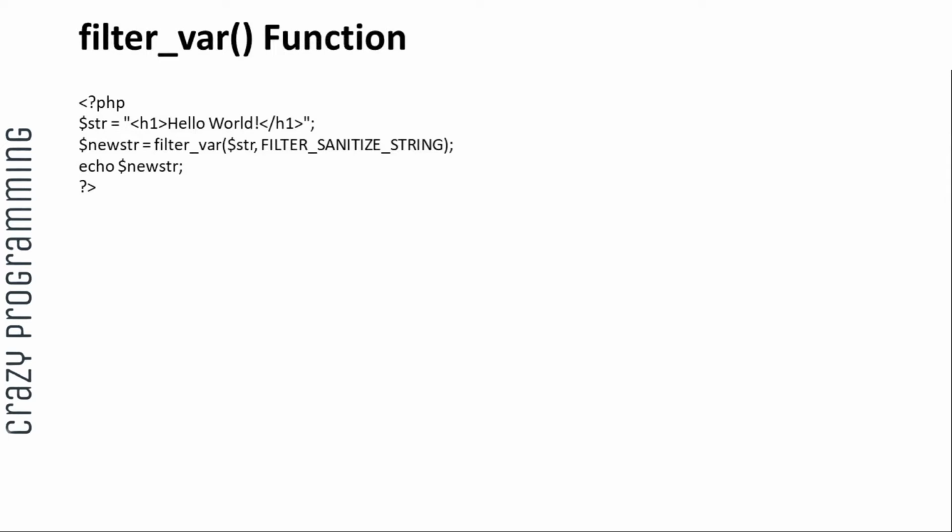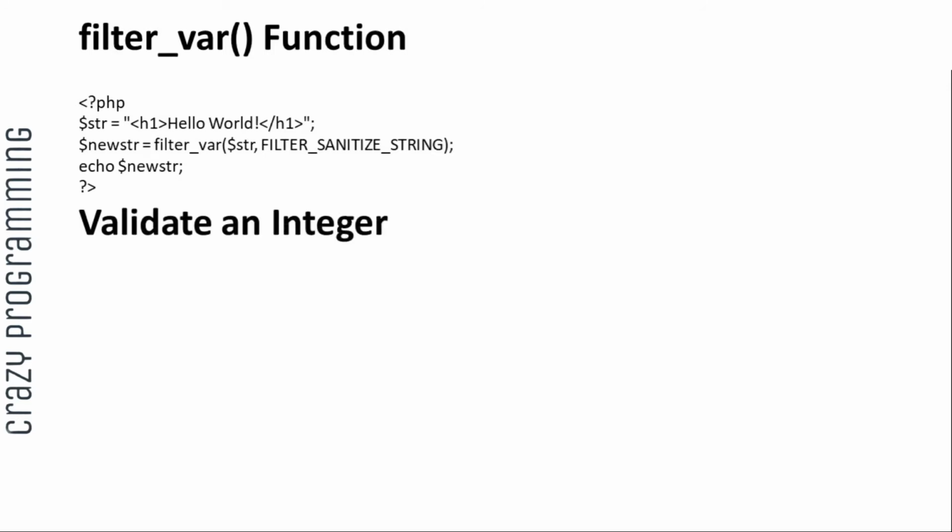Inside str I use the value h1 hello world, and in the second variable, newstr, I use the function filter_var, and inside the filter_var function I use the str variable, comma, FILTER_SANITIZE_STRING, which sanitizes the string of this hello world, and then I print echo newstr variable.